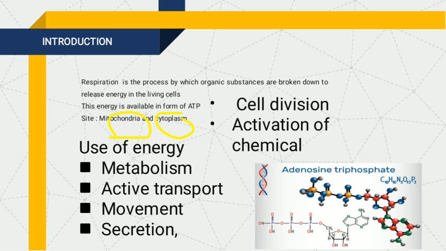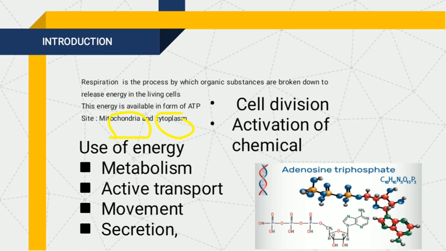Now, what are some of the uses of energy? Living organisms require energy for the reactions of metabolism. Metabolism is a series of reactions. These reactions can be anabolic, and anabolic reactions are build up processes.